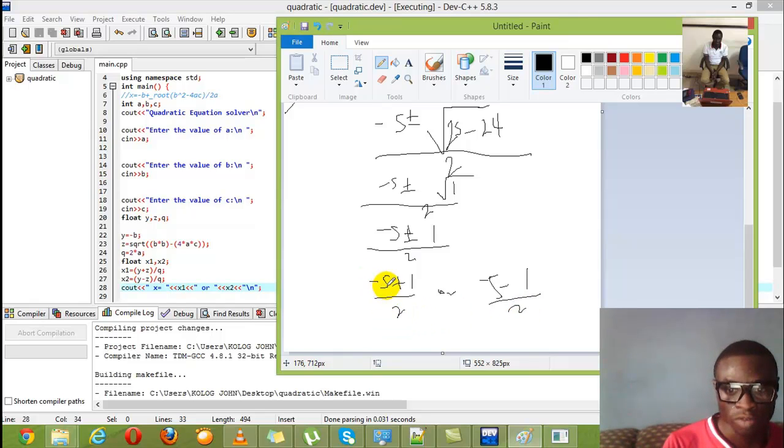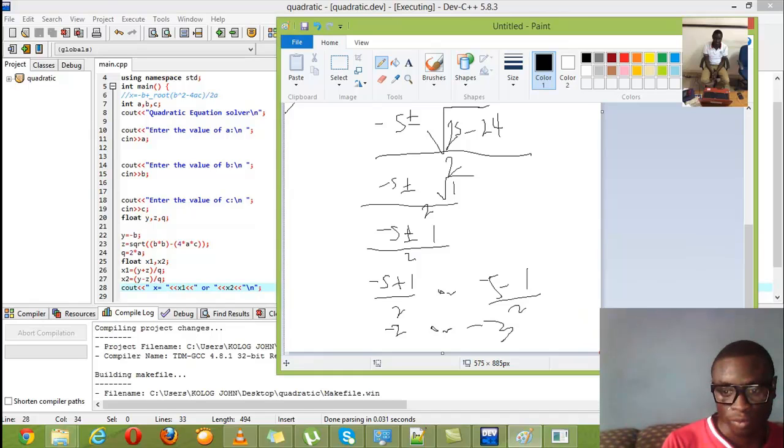Here minus 5 plus 1 we get minus 4, so minus 4 over 2 will give us minus 2. Or minus 5 minus 1, that is minus 6 divided by 2, will give us minus 3, right?